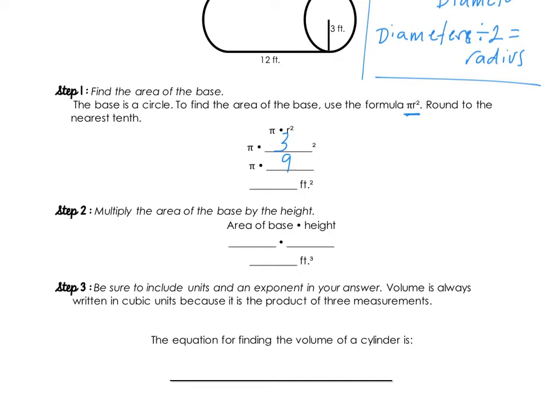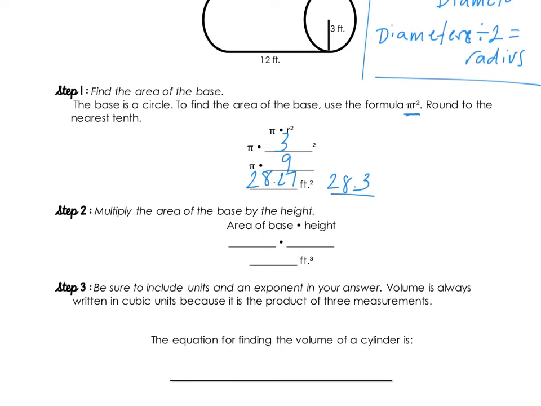So if you find the pi button on your calculator, and you just hit 9 pi, and then you can hit equals, and it'll actually give you a number. We're just going to round to the nearest tenth. So 28.27, so then we can round that to 28.3. Okay. So that's area of the base.